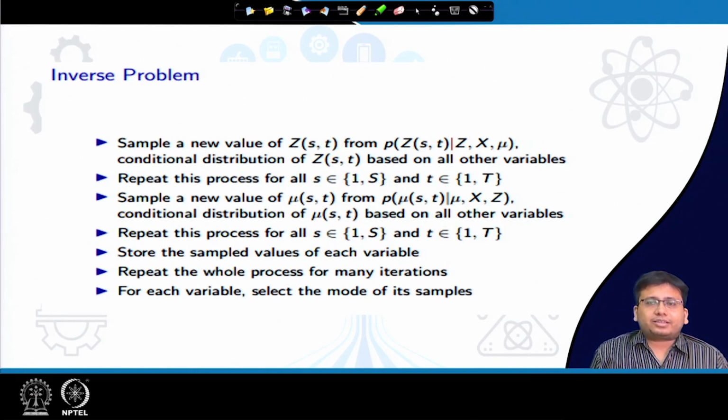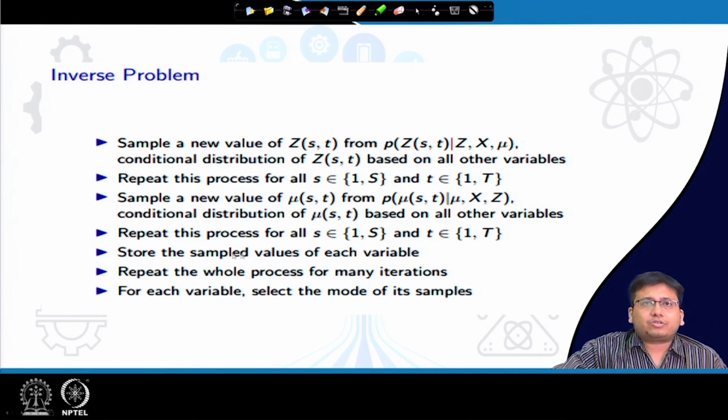Now, in this lecture I will not go into the details of how exactly the Gibbs sampling is done, but basically you repeat this process for all locations as well as for all time points, just go on sampling new values from these kinds of conditional distributions.